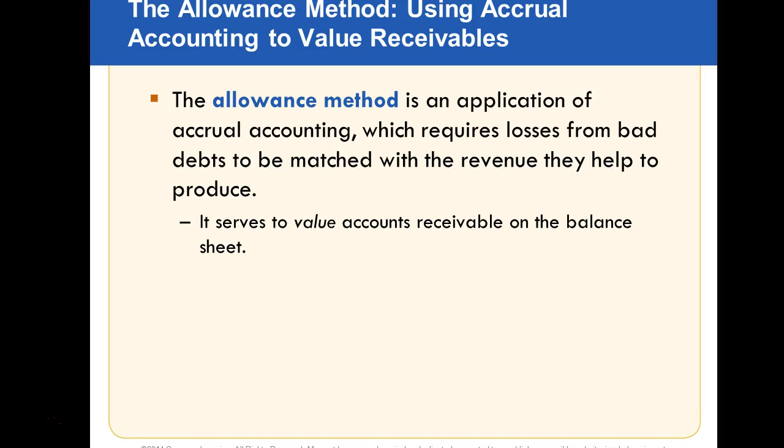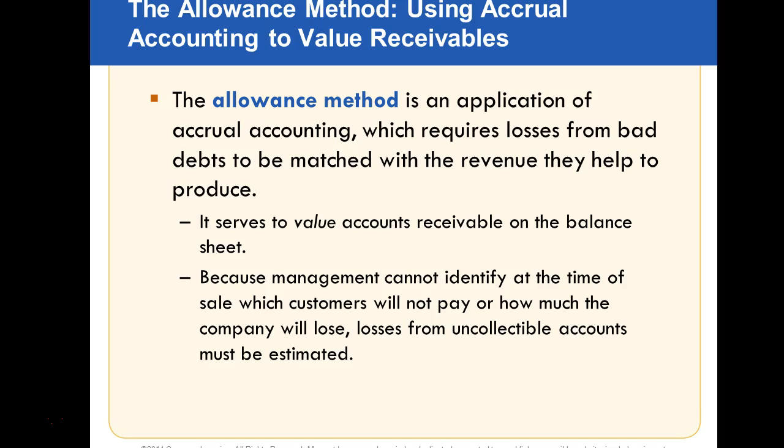It serves to value our accounts receivable on the balance sheet. We don't want to overstate our accounts receivable. We want to value them with what we actually think we're going to collect. So we're going to create this allowance to make sure our accounts receivable is in line with what we truly believe we're going to get.